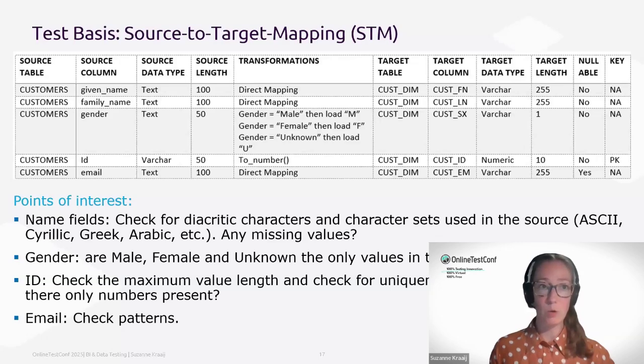So even though according to the source to target mapping there's nothing to test here, by knowing about the business and the importance of a certain field, there's still something that you can check.